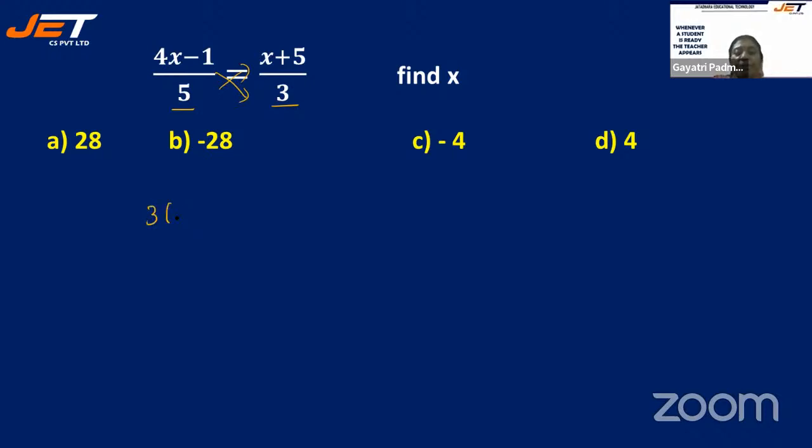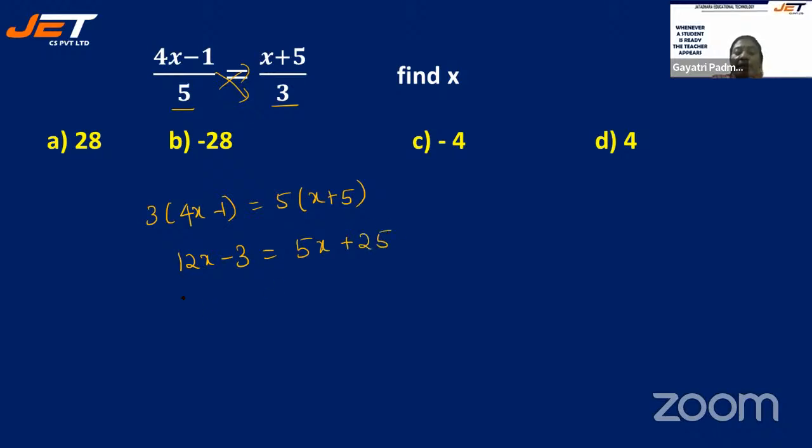Students, please try to do it by yourself. Others who have difficulty in solving it, you can just look at the board or solve it along with me. All right, so 3 into 4x is 12x minus 3 is equal to 5 into x is 5x plus 5 into 5 is 25.